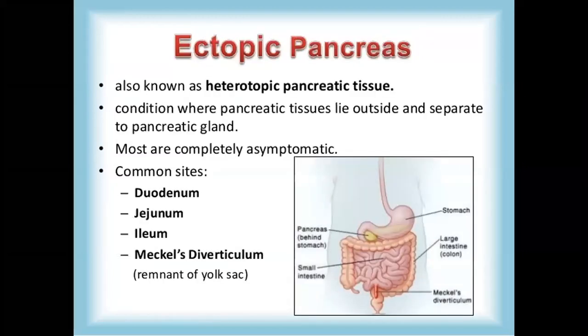Ectopic pancreas, also known as heterotopic pancreatic tissue, is a condition where pancreatic tissue lies outside and separate from the pancreatic gland. This is usually an asymptomatic disease. Its most common sites are the jejunum, ileum, and Meckel's diverticulum.